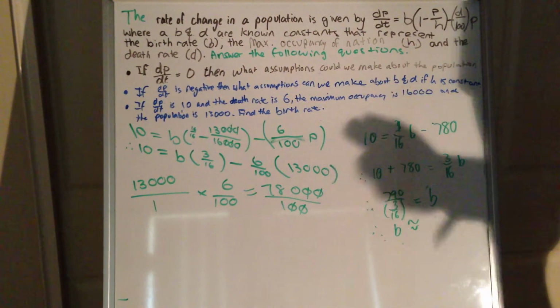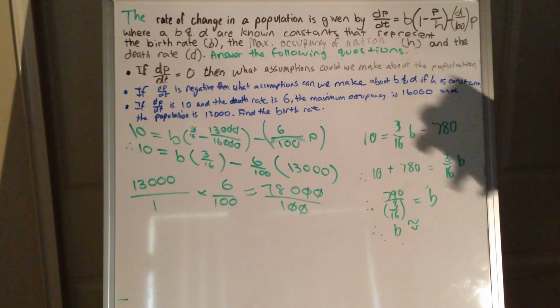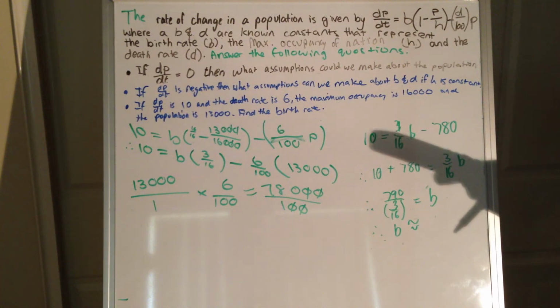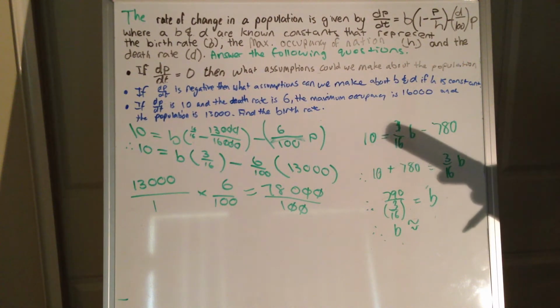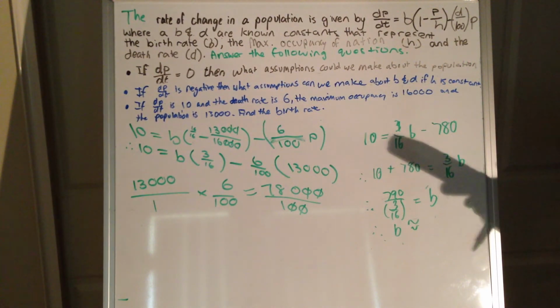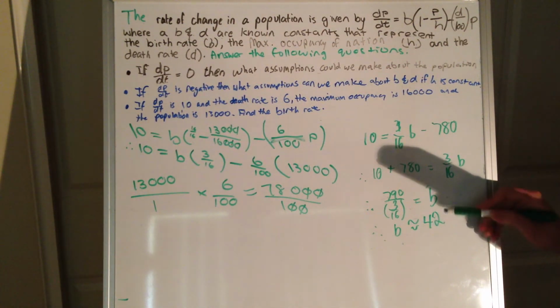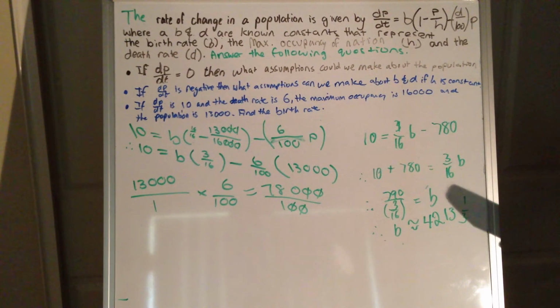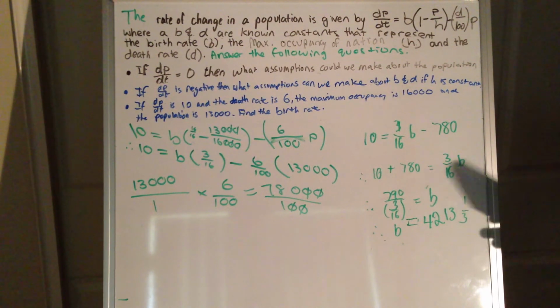So we enter into our calculator as follows: 790, divide symbol, and then open bracket, 3 divided by 16, close bracket, and we get a value of 4,213 and a third. So that means, well, it's actually an equals value there, if it's not an approximate.